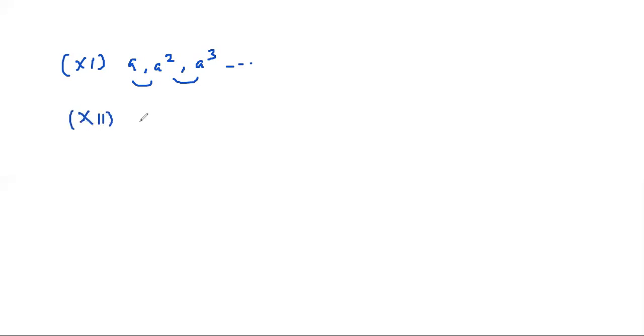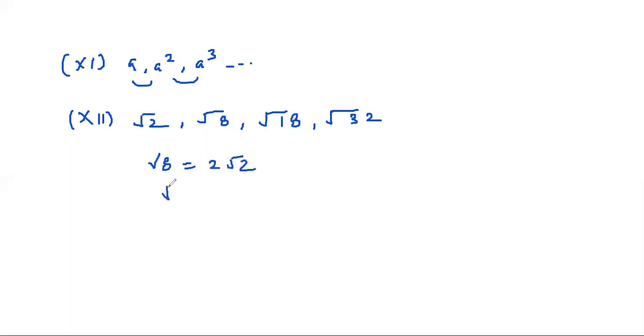So let's go to next part. It is root 2, root 8, root 18, root 32. Here root 8 equal to 2 root 2, root 18 equal to 3 root 2, root 32 is 4 root 2. So here if we find common difference, it will be just root 2.